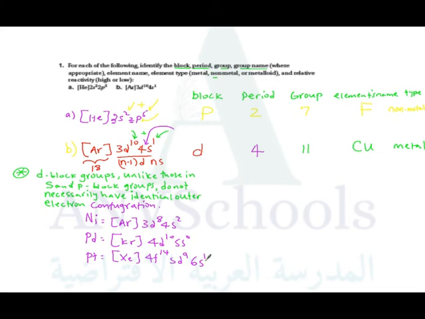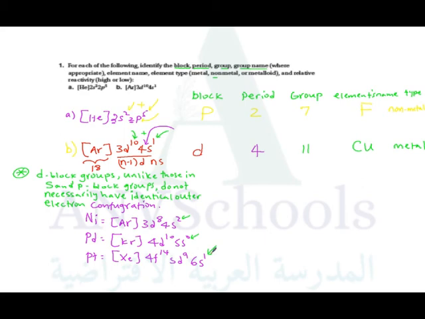Now consider these three examples against the summary: d block groups, unlike those in s and p block groups, do not necessarily have identical outer electron configuration. What is the outer electron here? It is this one in the case of nickel, this one in palladium, and this one in platinum. In all of the cases, the outer electron is different.